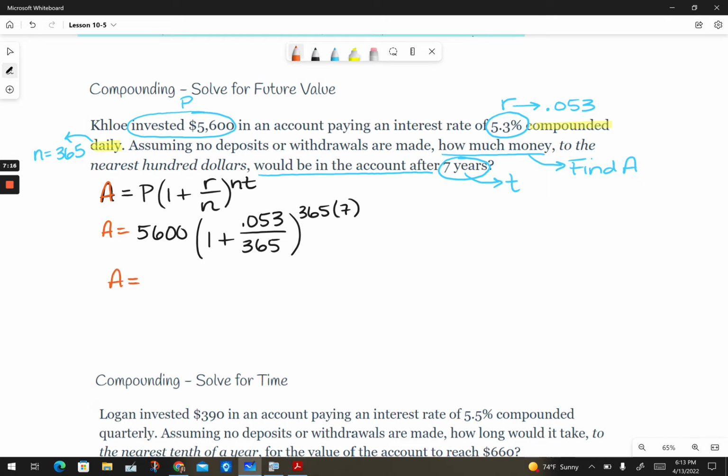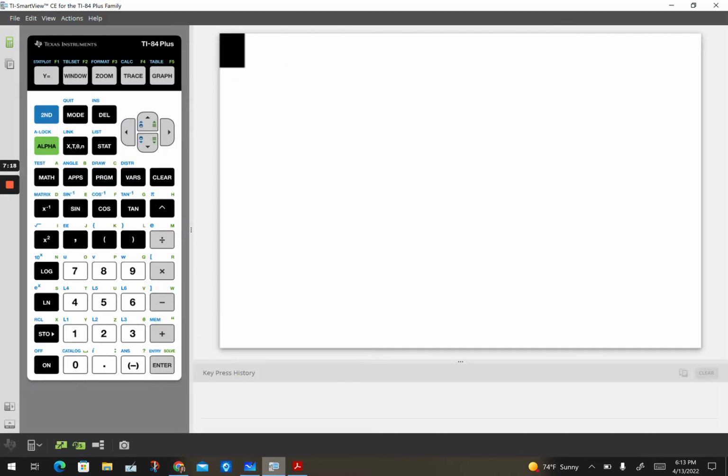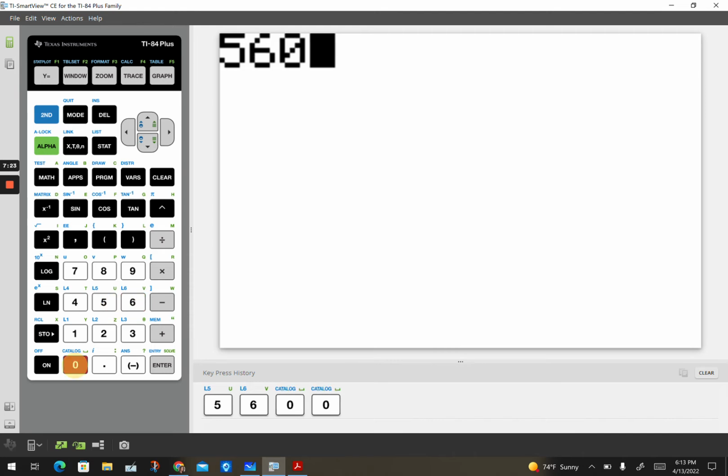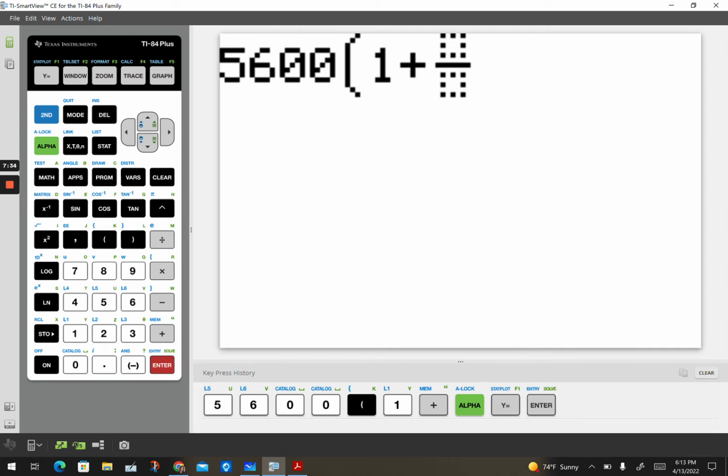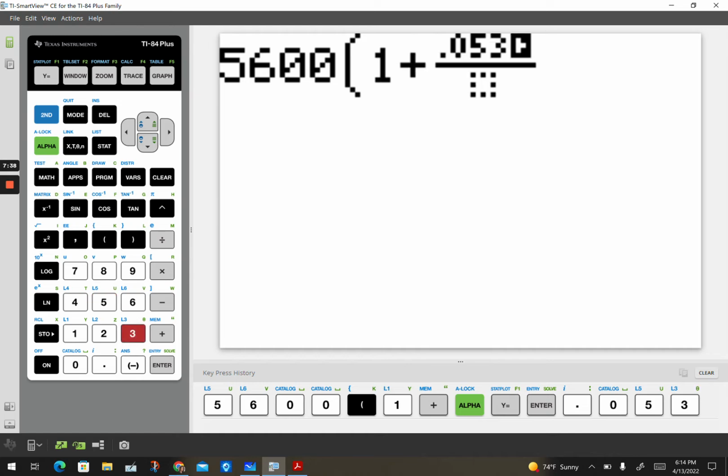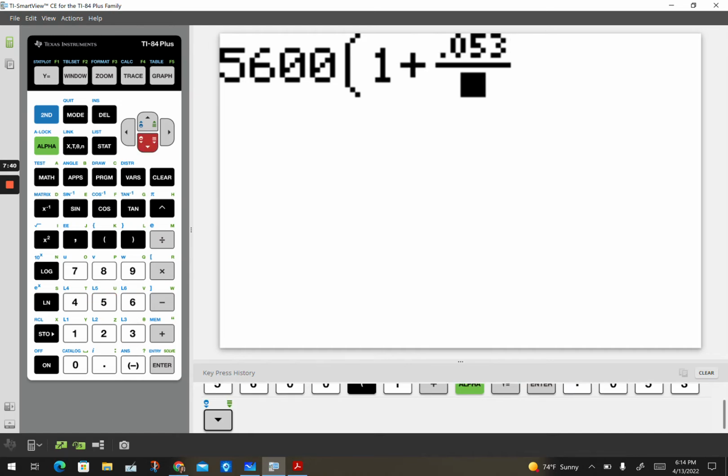So we have 5,600, and then open parentheses, 1 plus, I'm going to do alpha y equals to get that stack fraction, and it's 0.053, and then it's 365, close parentheses, and then I need to raise it to the power of 365 times the 7.